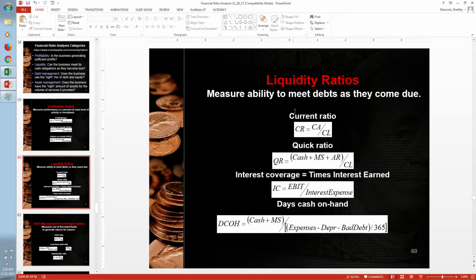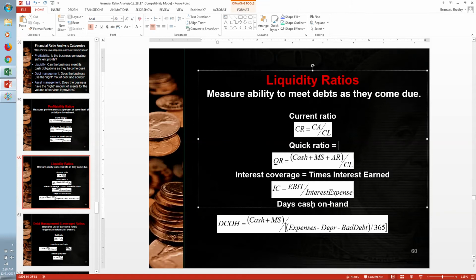Now, the current ratio, again very commonly used, basically looks at our total current assets over our current liabilities, or how many times we are covering our current liabilities and basically payment obligations. The quick ratio, you'll see it termed as the acid test ratio.